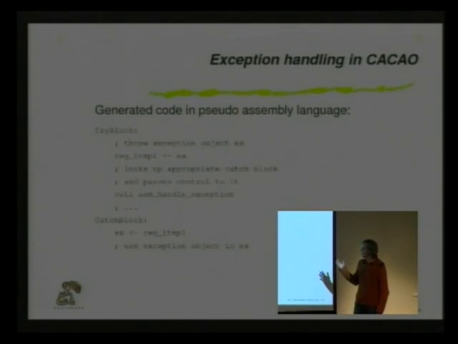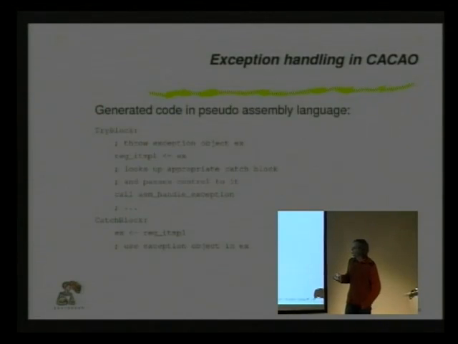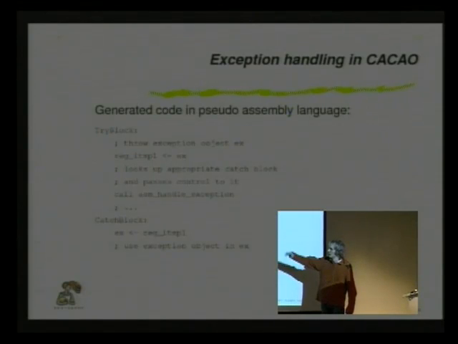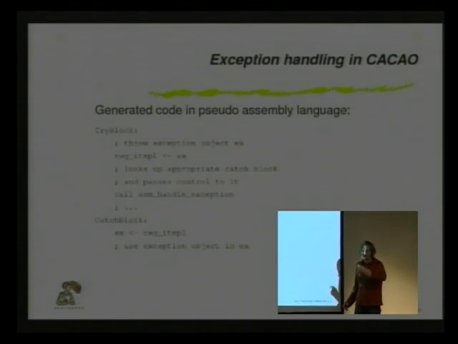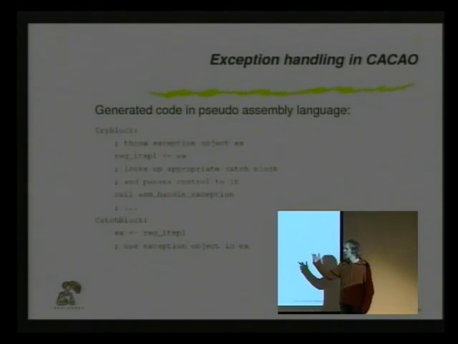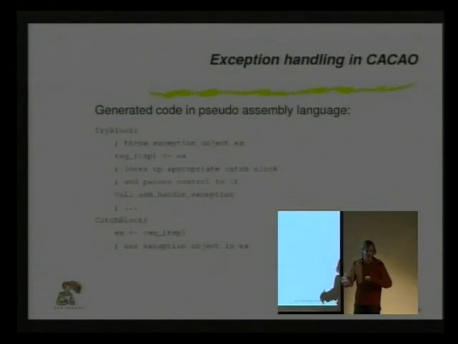This function then looks up the correct exception handler block depending on the dynamic type of the exception object, and passes control to this appropriate catch block. And the catch block expects this exception object to be located in scratch register 1, and it reinterprets the contents of this register as a Java reference type.